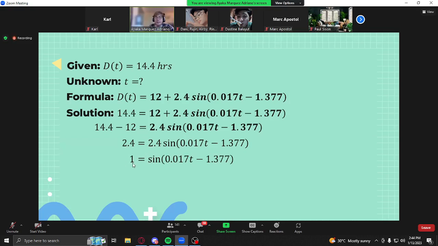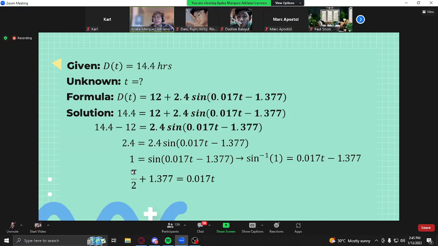So ang mangyayari magiging siyang 1 is equal to sine 0.017t minus 1.377. So magiging siyang inverse function or arc sine of 1 is equal to this expression. And what is arc sine of 1? Diba?